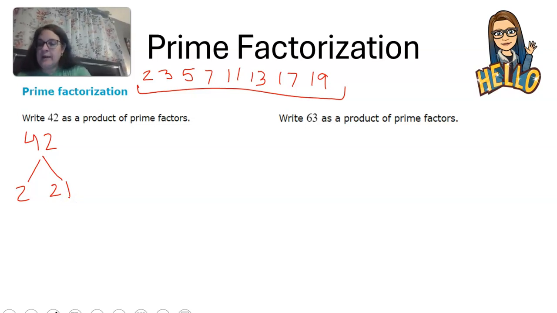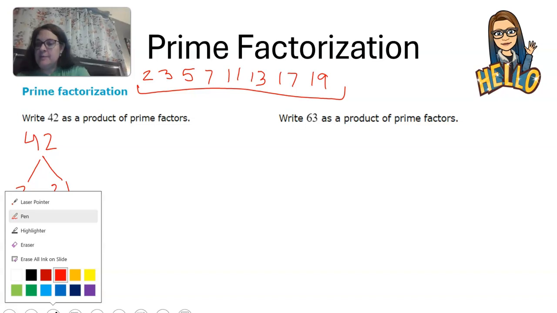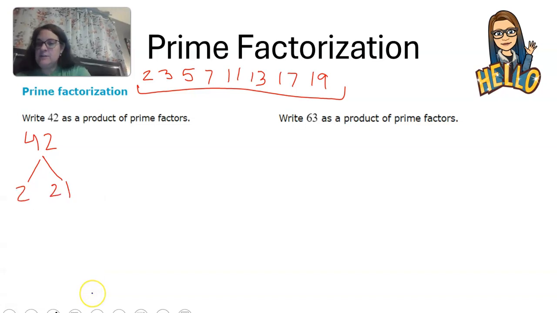Now we can break down the 21. We want to find out what prime numbers will go into 21. Well, 21 is not even, so we won't try the 2. But how do we know if 3 will go into it? We have a little trick.